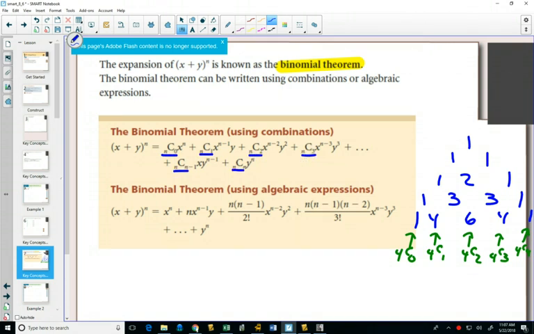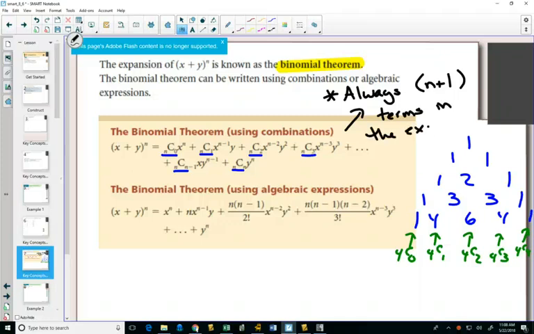And you start with, if you were doing row 5, you would start with 4 choose 0, then 4 choose 1, then 4 choose 2. And whatever your exponent is tells you which row to use. Okay? This is an important note to make: there are always n plus 1 terms in the expansion.